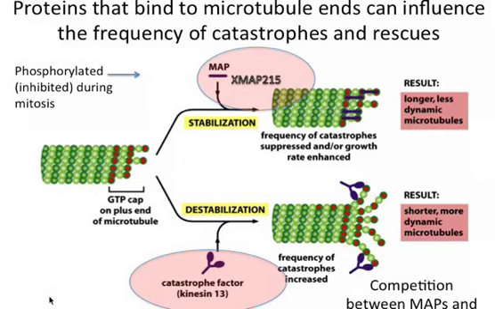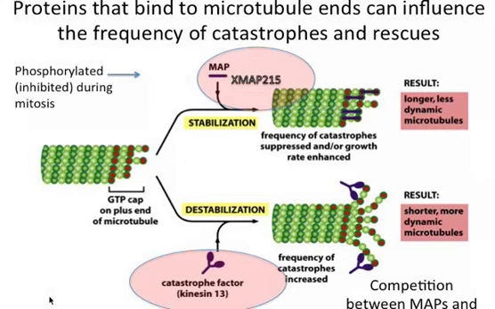And then there's this catastrophe factor, which you're not going to really forget what that one does because it's called catastrophe factor, right? That's destabilizing, and it binds and actually kind of peels away the tubulin chains from the microtubule, and that increases the frequency of catastrophes. So you end up with shorter, more dynamic microtubules.